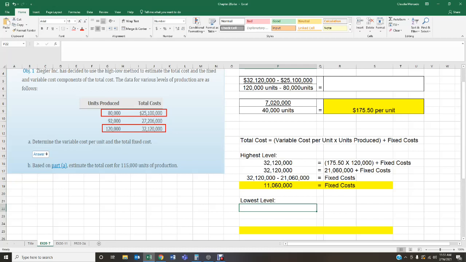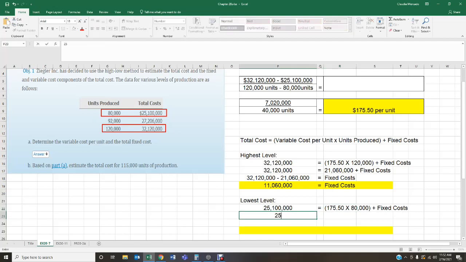Okay. So for the low level, I've got 25,100,000. Okay. So I'm picking up my low cost, 25,100,000. My variable cost per unit stayed at 175.50. That's what we calculated. My activity is 80,000 units. Plus fixed cost.